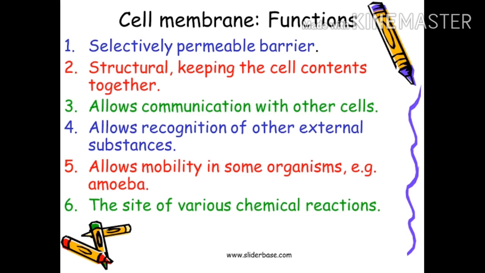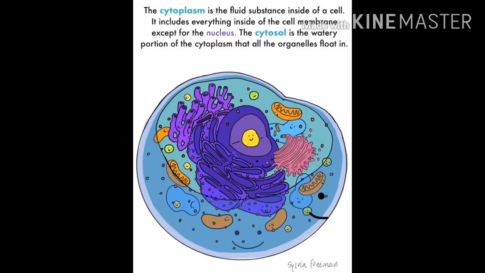So the next important part of the cell is the cytoplasm. Cytoplasm is the fluidic substance inside a cell which includes everything inside the cell membrane except for the nucleus. The cytosol is the watery portion of the cytoplasm where all the organelles float.